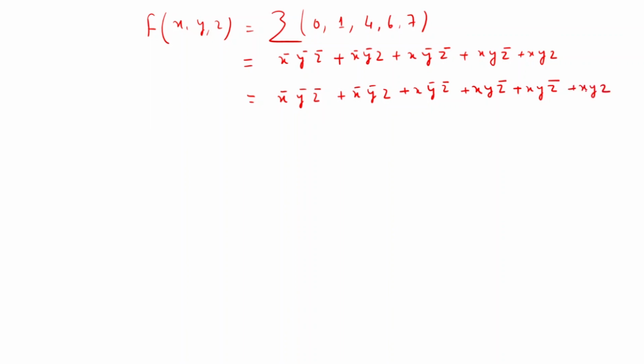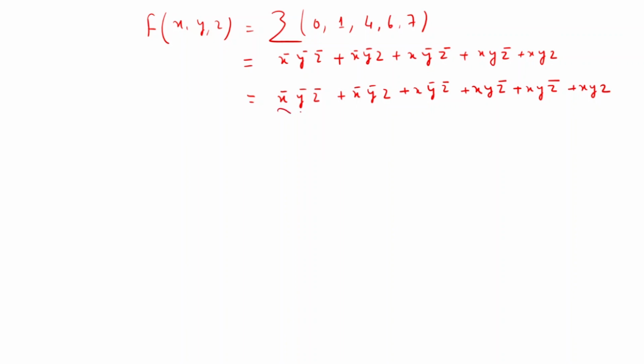In this way, the total number of min terms present in this representation is 6, but when we count, only 5 min terms are present, because this min term value 6 appears 2 times here.